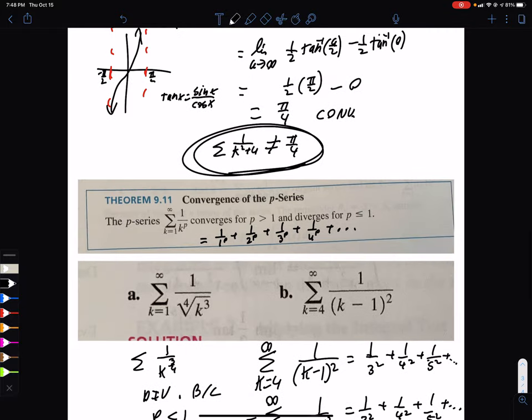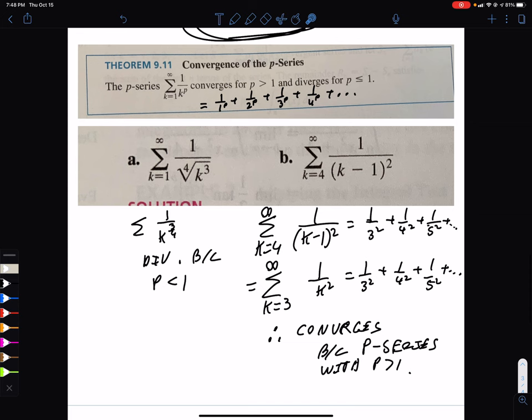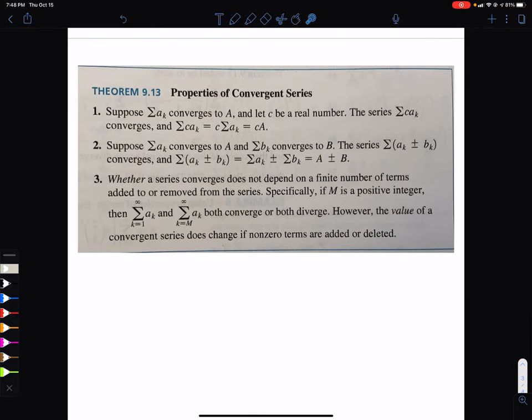So there's a lot of nuances with series, like this one I just did where we re-indexed and rewrote it. And there's a lot of subtle things. You need a lot of practice. So let's talk about these properties. So you have a series and you know the terms add up to a.